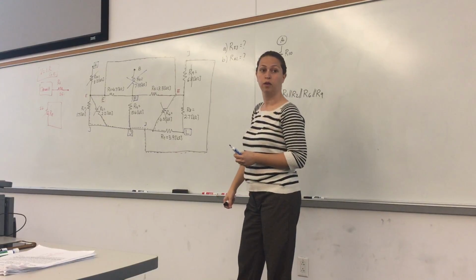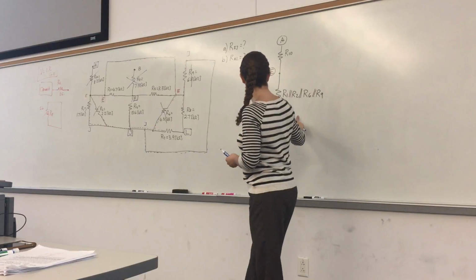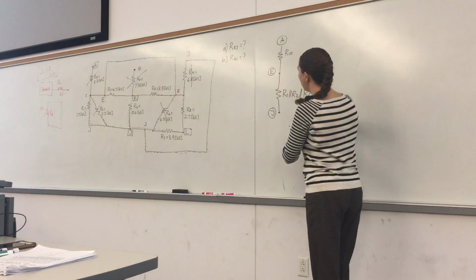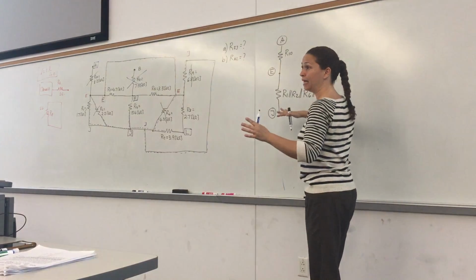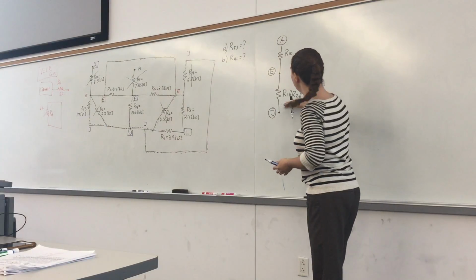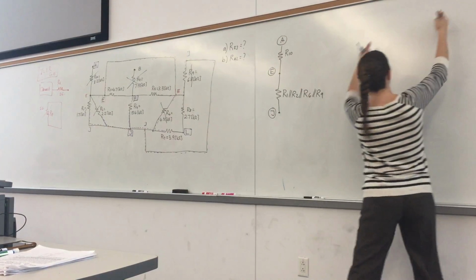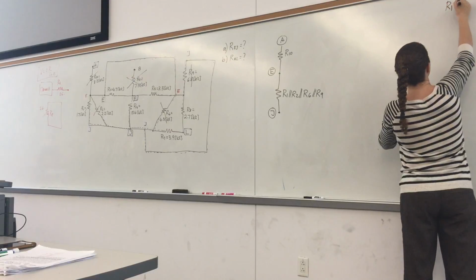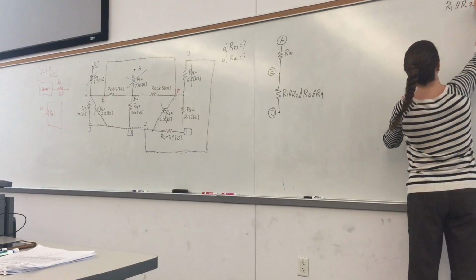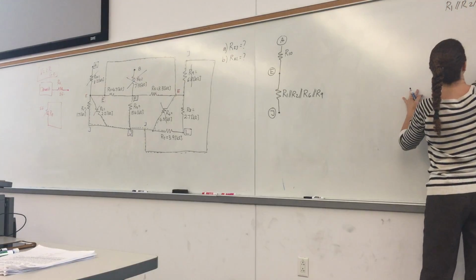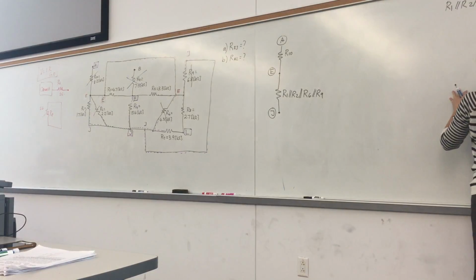We don't have to do parentheses for R1 and R2 because all four of them are in parallel. So what do I normally do in the quiz, in the exam, on the homework? On the side, you're going to write R1 in parallel with R2 in parallel with R6 in parallel with R9 is equal to 1 over.